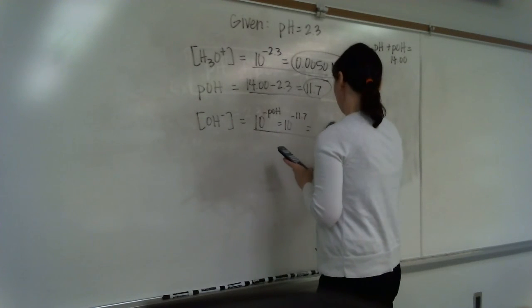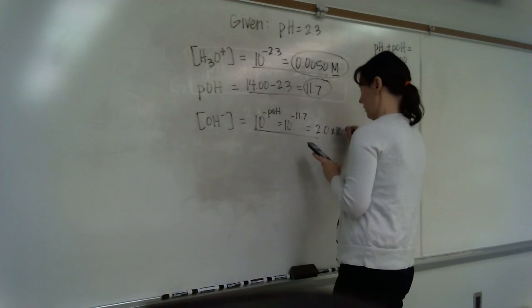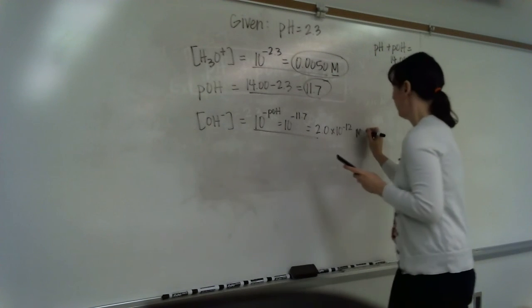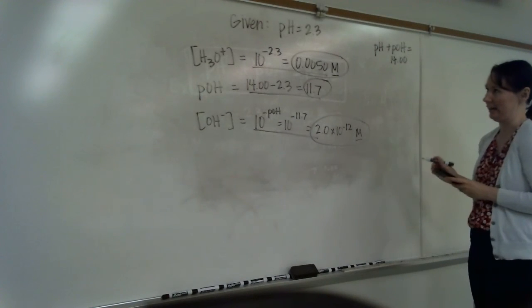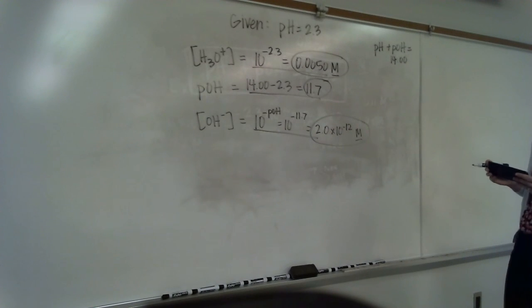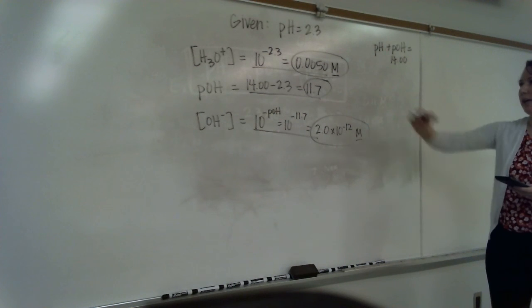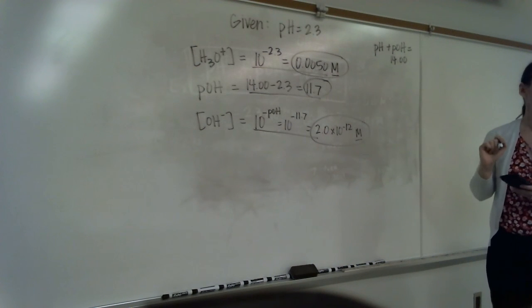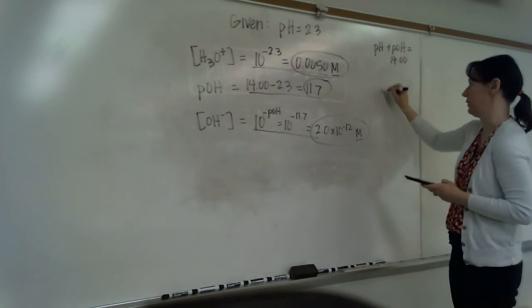It's 1.995. So let's go with 2.0 times 10 to the negative 12 moles per liter. Based on this data, is this an acid solution or a base solution? pH 2.3. Based on this data, this would be an acid, right?